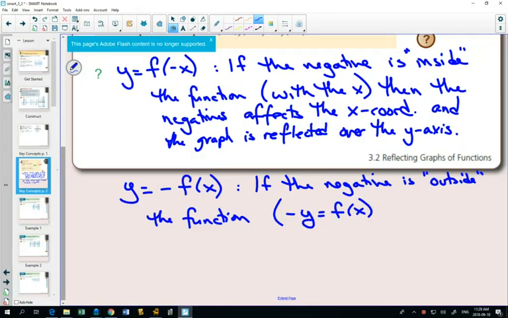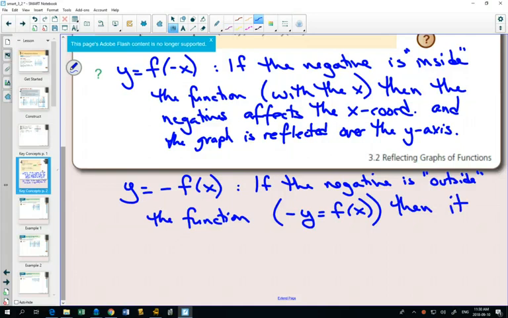Does that make sense? Whereas in our first one, we say the negative is with the x. In this one, we could say that the negative is with the y if we rearranged it. But generally, just like before, I like to keep my y equals by itself, so we'll have our negative on the right-hand side.